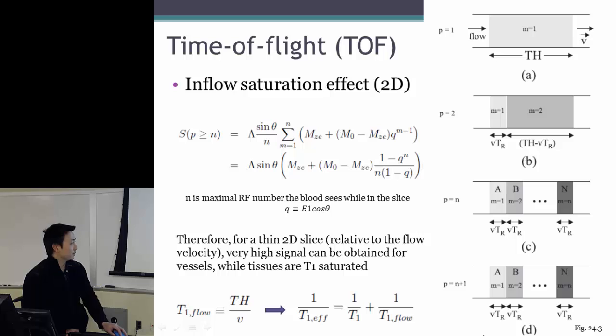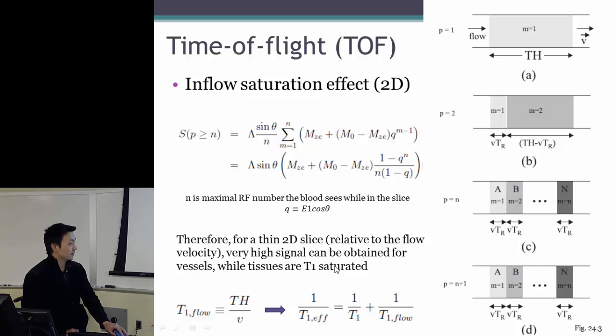Okay, so that means this one will have a very high signal because it's far from saturation. And for this one, if it has experienced a certain number of RF pulses, it will become more saturated and have a lower signal.